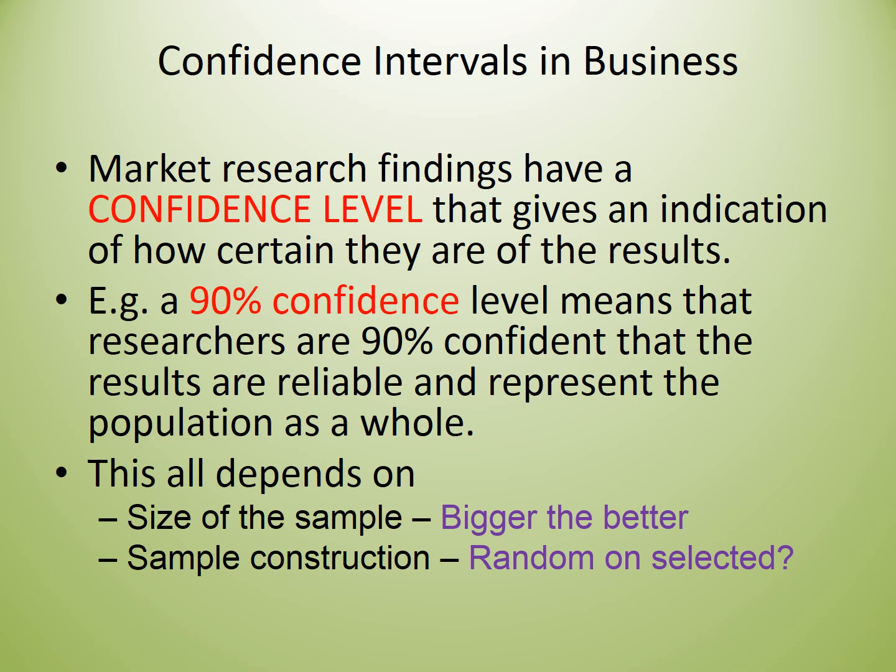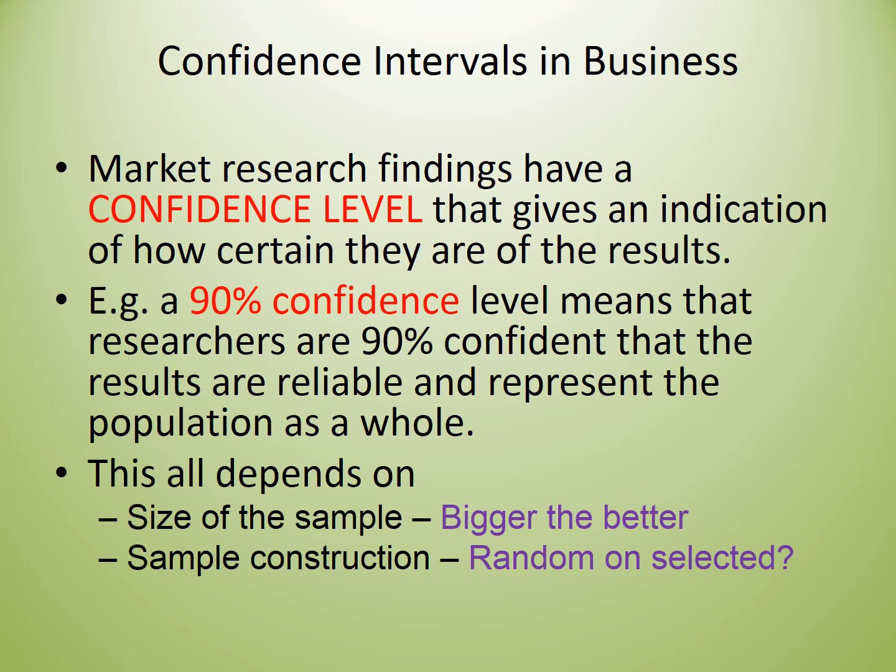Is it random, or have I selected people that are going to answer the way that I want them to? If I had a large sample, like maybe 1,000 people, and asked what is your favorite TV show, and took that from people of all different age ranges, socioeconomic groups and demographic factors, randomly, so that they represented the country as a whole, then we would be quite confident that our level would be a little bit more accurate.